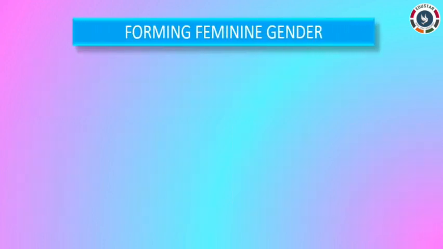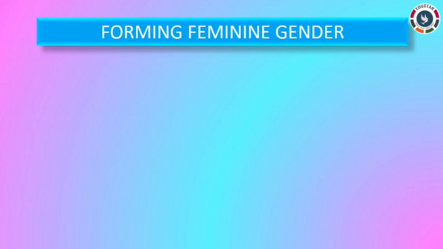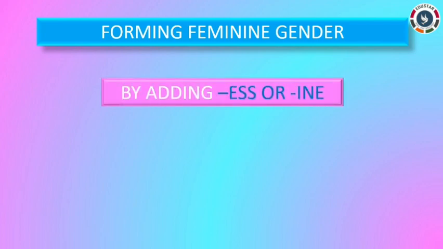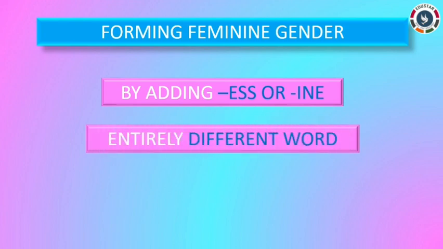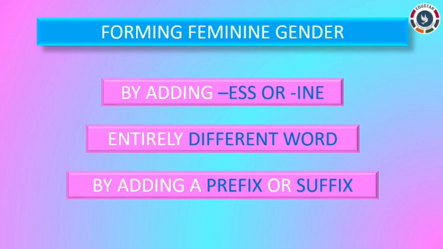Now, let us see some easy ways to remember and form feminine gender. There are three ways of forming feminine nouns: by adding ess or ine, entirely different word, and placing a prefix or suffix.